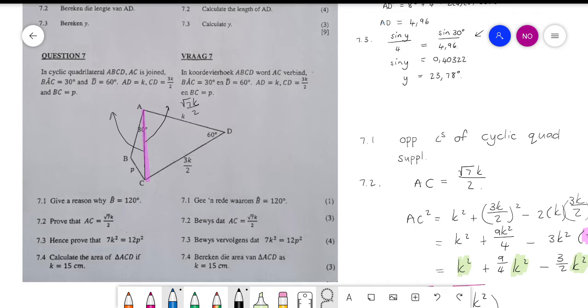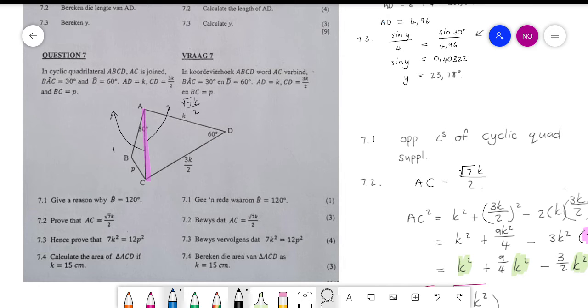Okay. Let's read. Okay, we know that this angle is 120 degrees. Do you guys agree?